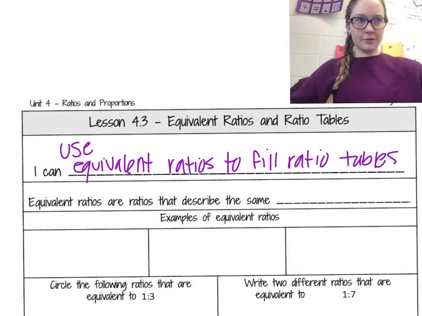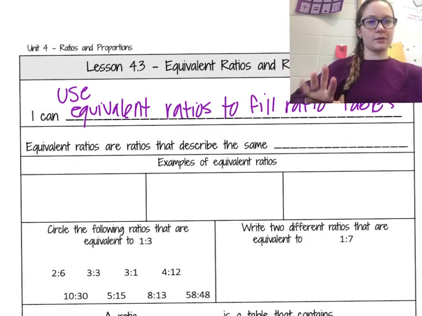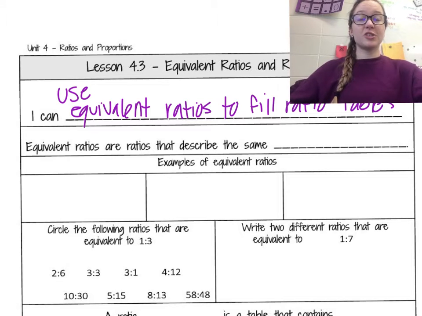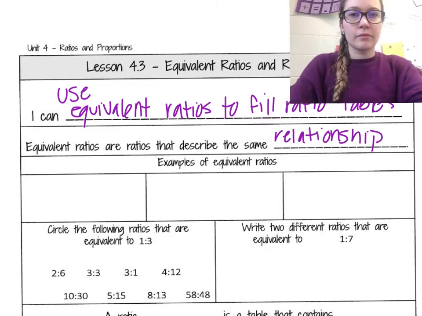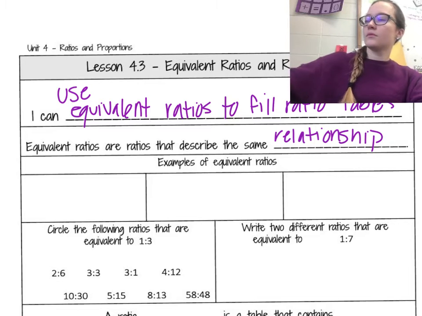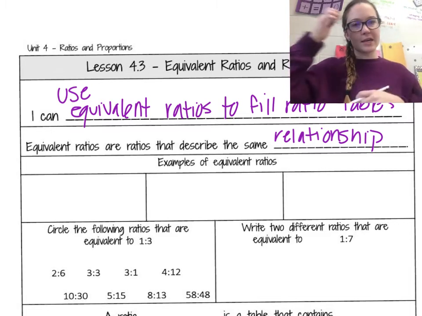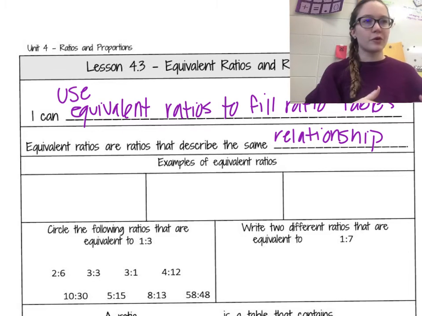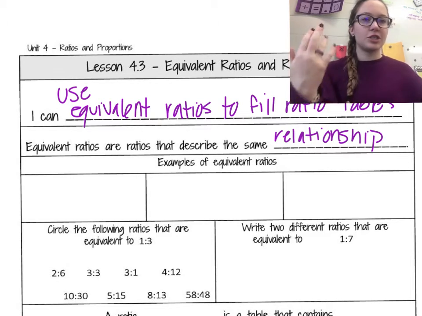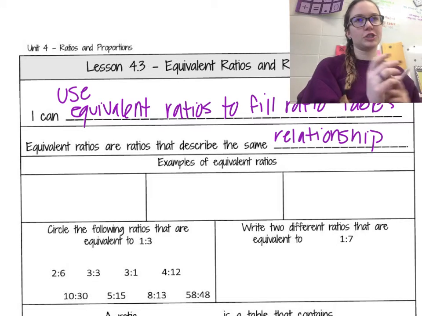So, what does it mean for ratios to be equivalent? Equivalent ratios are ratios that describe the same relationship. So, if I can take one ratio, reduce it by the same amount, divide them both by 2, and get the other ratio, that would be an equivalent ratio.